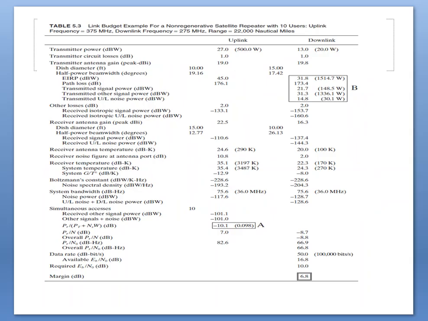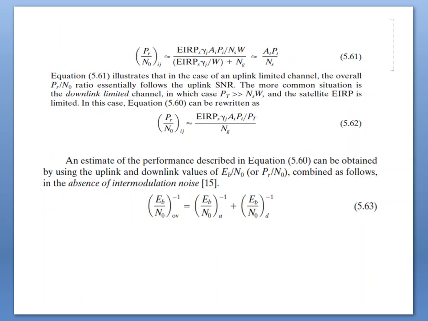The uplink portion by itself doesn't constitute a link budget, since the transmission is not demodulated at the satellite. Without demodulation, there are no bits, and there is no way to measure the bit performance. After the full round trip, the signal is demodulated at the earth terminal, and only then will the link analysis be merged.